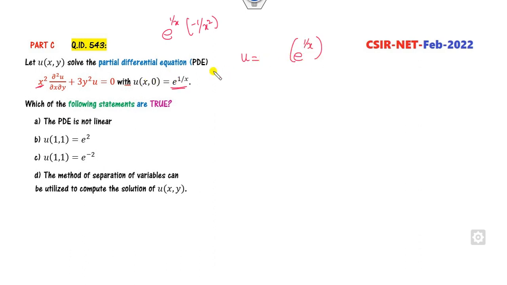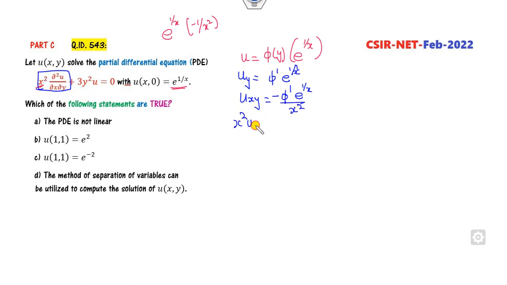This is a function of x, so I have to take this as a function of y. So I can take, firstly, y, this is phi dash e raised to power 1 by x. If I take now u_xy, so phi dash e raised to power 1 by x minus x square. So I can see x square of this is a function of y only.